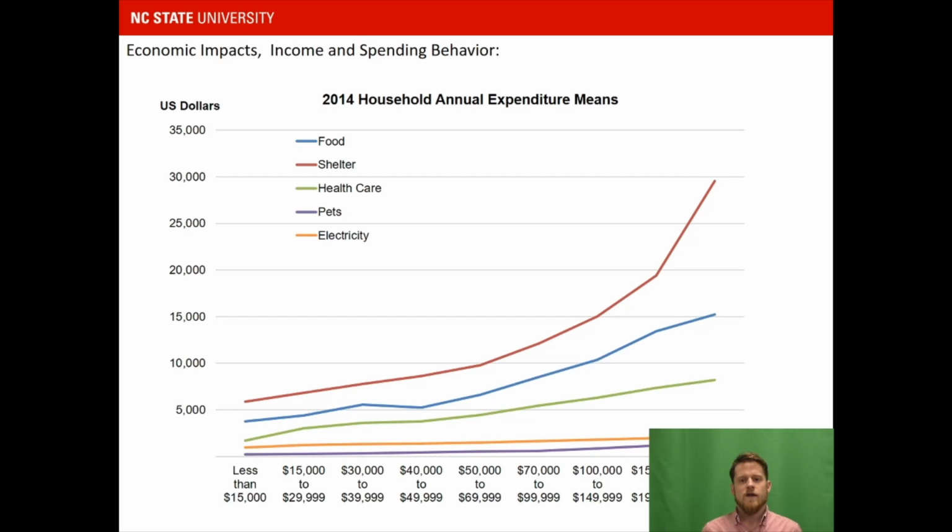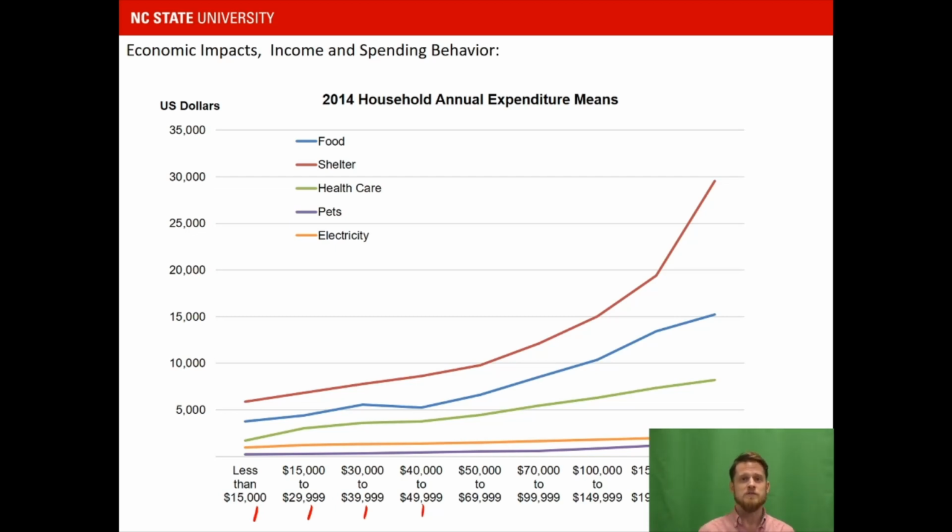We know that how much money you make impacts where that money is spent. So here is a look at some household expenditure averages. We can look at the different household income categories and see where they're spending their money. And obviously, as you make more income, you spend your money in different places.